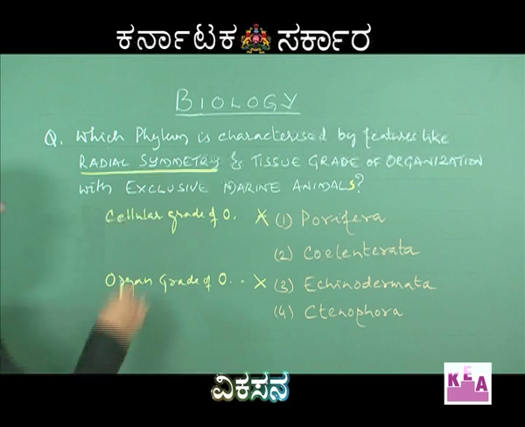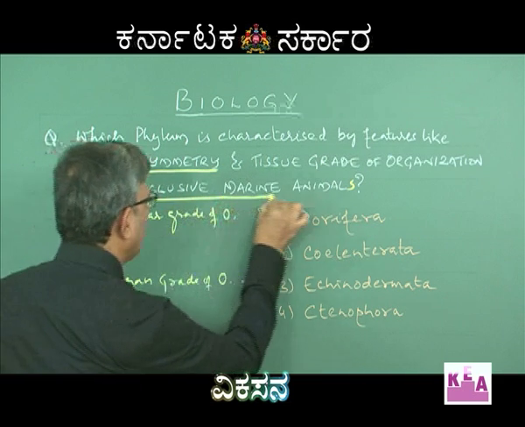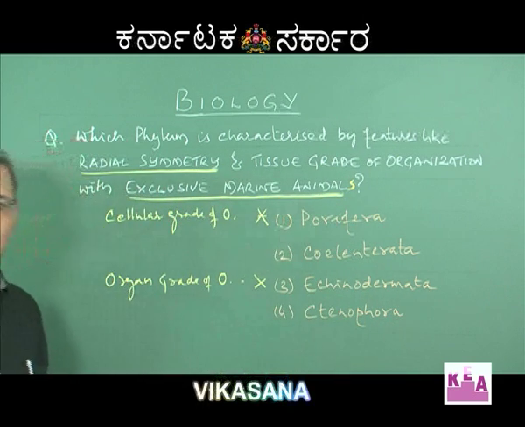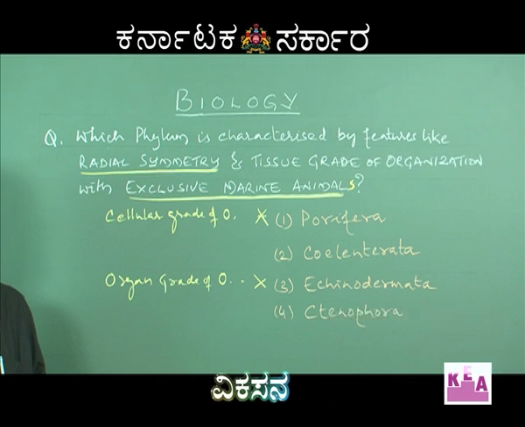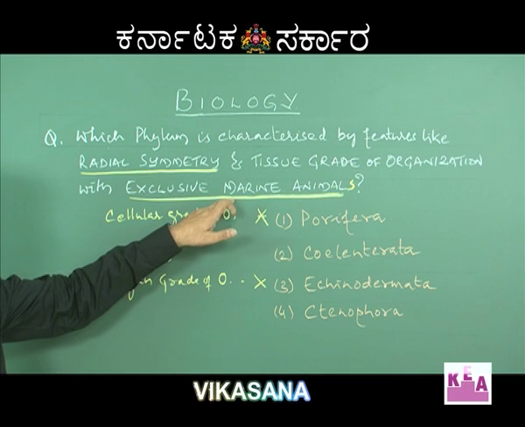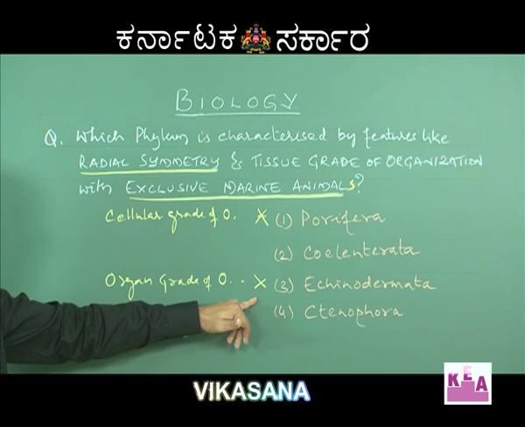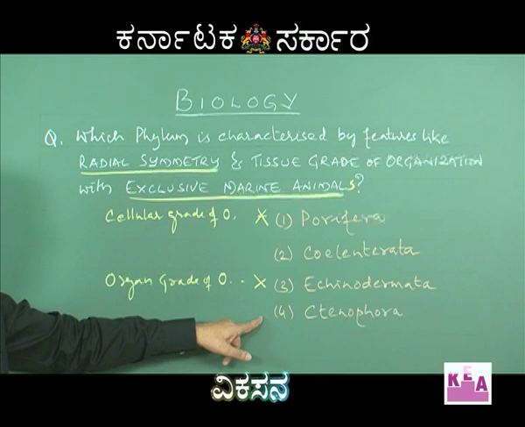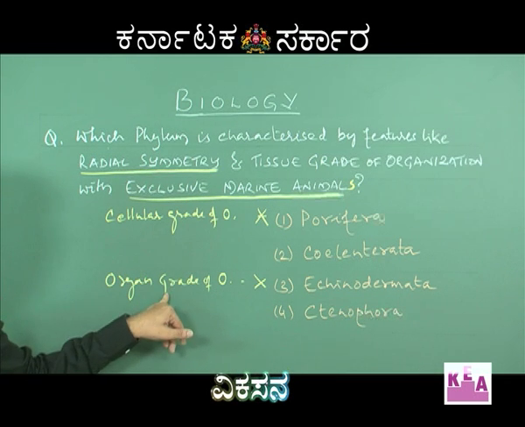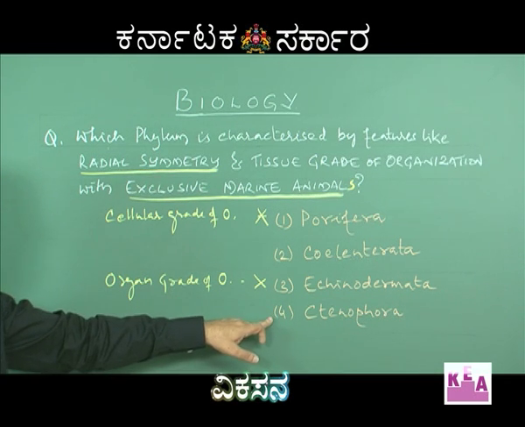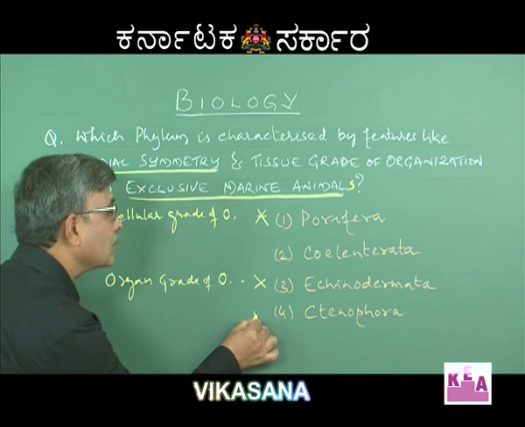The third says exclusively marine animals. They are found only in marine, that is sea water, not freshwater forms. And when you talk about exclusive marine forms, remember echinoderms are exclusive marine forms, ctenophores are exclusive marine forms, but echinoderms are organ grade. So answer must be ctenophores.